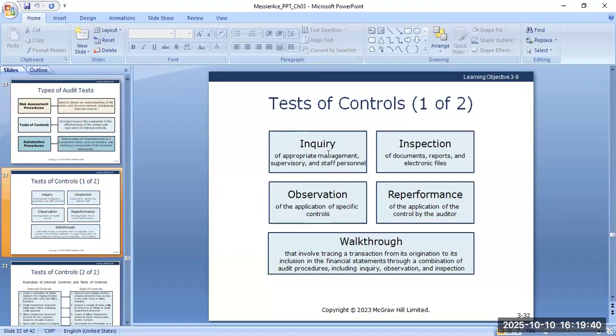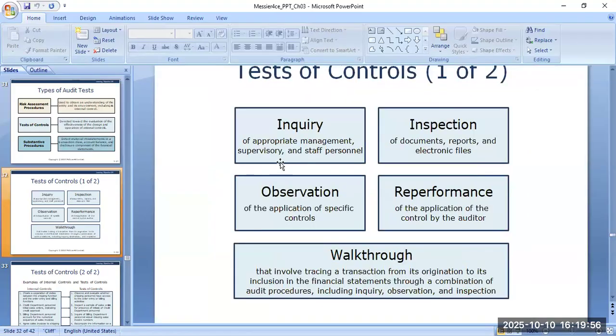How are we going to test the control? By making inquiry, making observation, making inspection, doing reperformance, or we can simply do a walkthrough. What is inquiry? Inquiry is where we require some information from the appropriate management, supervisors, or staff personnel.